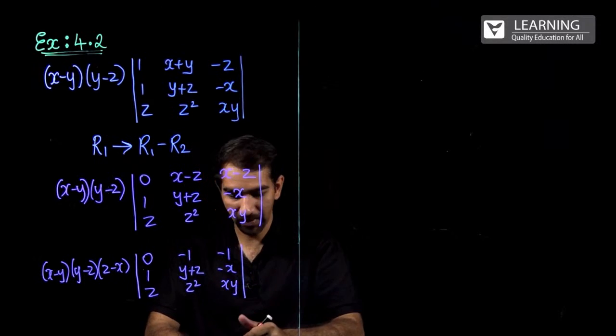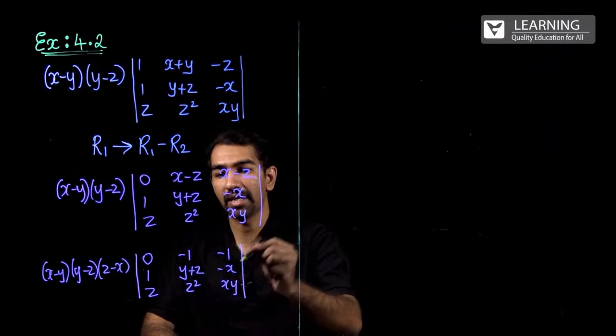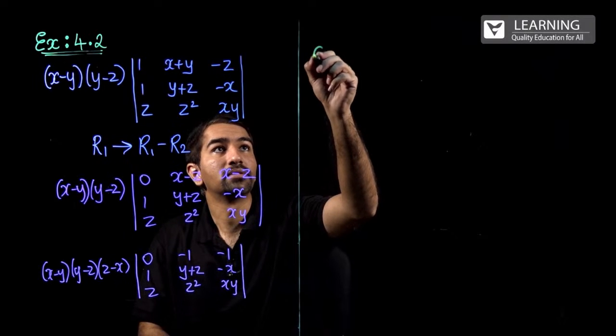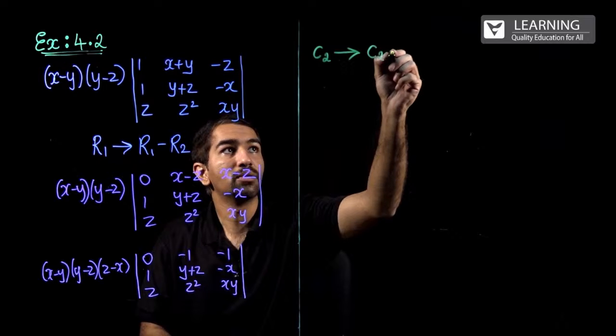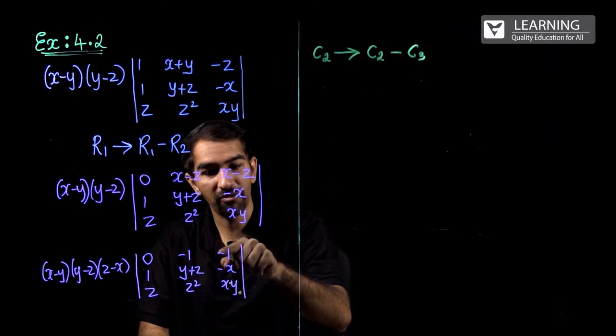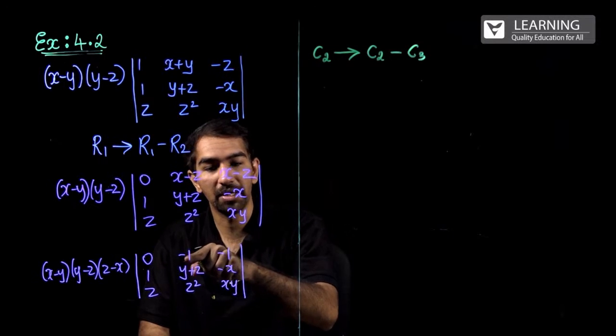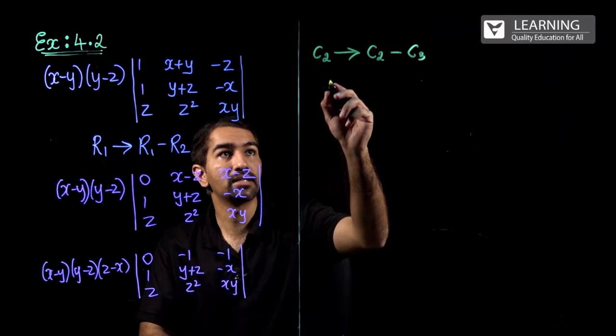So now what we'll do, we will operate with the columns. So column operations, so here we'll write C2 equals C2 minus C3, correct? Minus 1, minus of minus 1, that will become plus 1, so this will become 0. So we'll write C1 and C3 as it is.